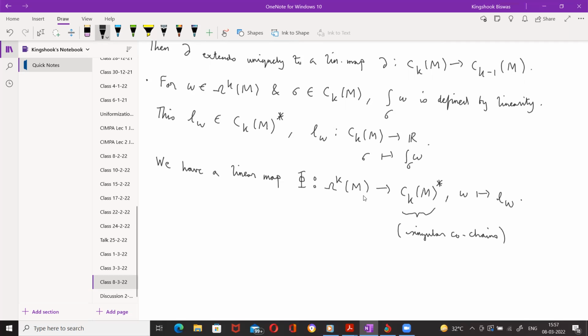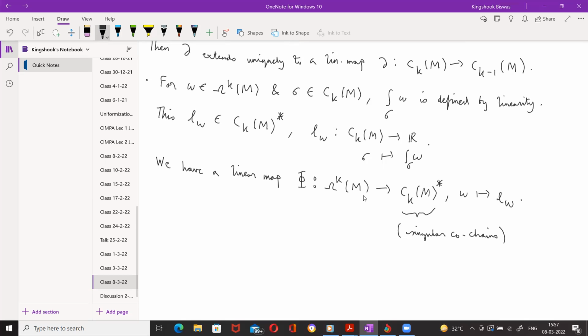And then you look at the k boundaries, the images of the boundary map, those k chains which are boundaries of k plus 1 chains. And then you show that delta squared is 0. So therefore, any boundary is a cycle. So then you look at cycles modulo boundaries, and that is the kth homology H_k(M) with real coefficients.